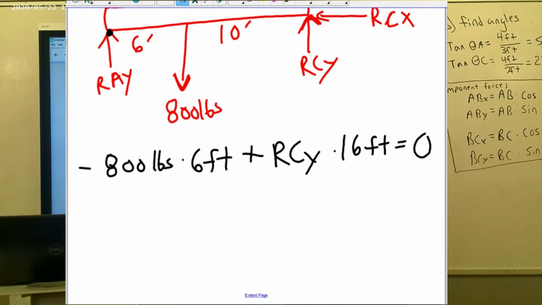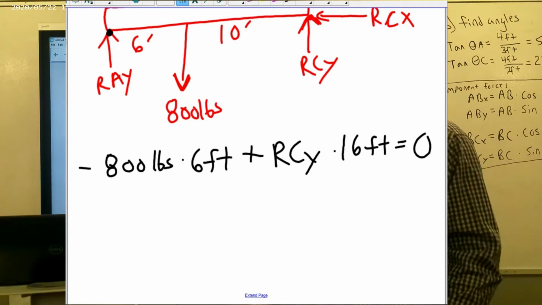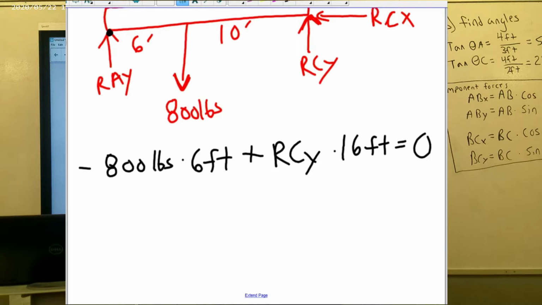So we now have one unknown variable, reaction force Cy, that we can solve for in this equation. And the first thing that I would do is combine my terms and say 800 pounds times 6 feet.